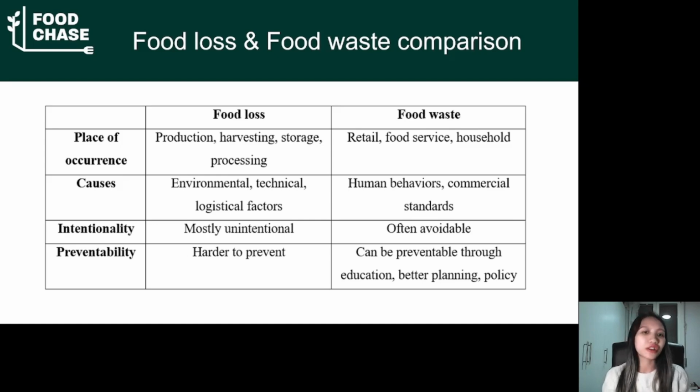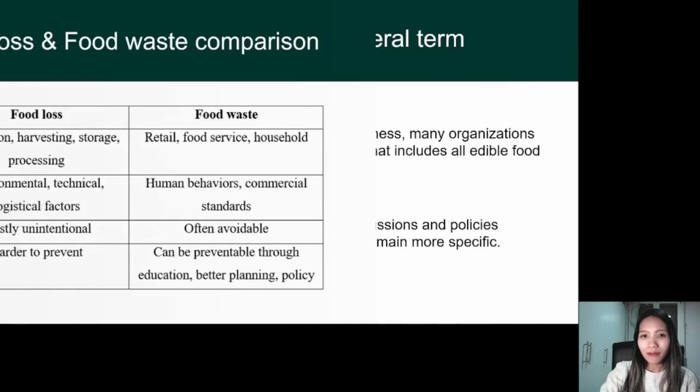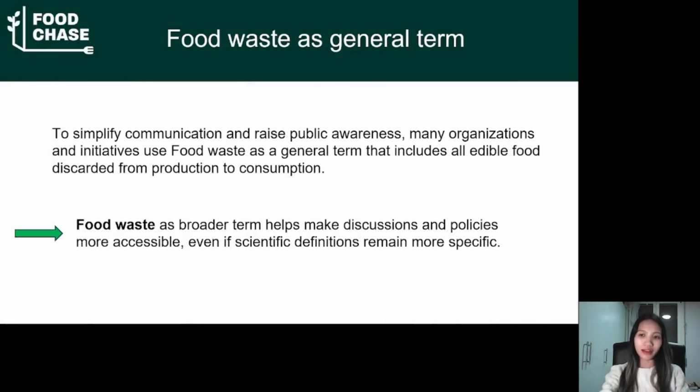Food loss, in contrast, is very much harder to prevent. In many contexts, you can see food waste is used as a broader term because it helps make discussion and policy more accessible. Also, in our lesson from now on, we will use food waste as a general term for both waste and loss.